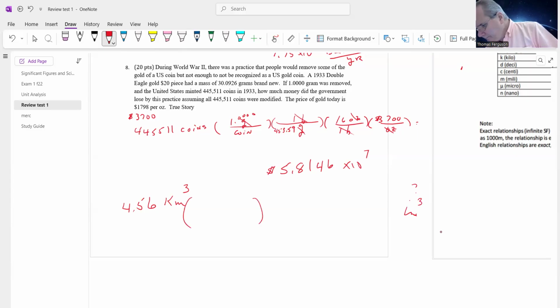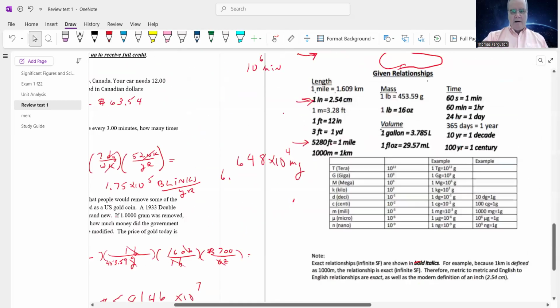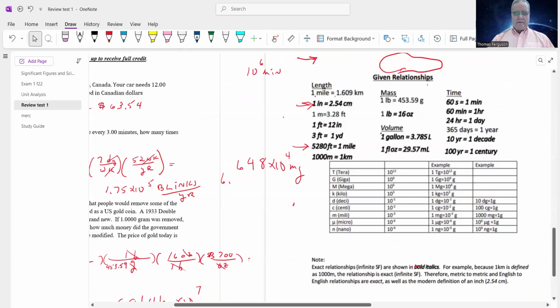Okay, so we can go from cubic kilometer to cubic meter, meter to centimeter, and centimeter to inches.